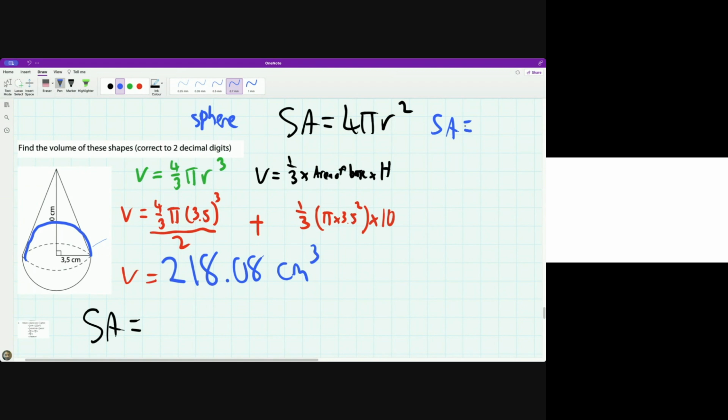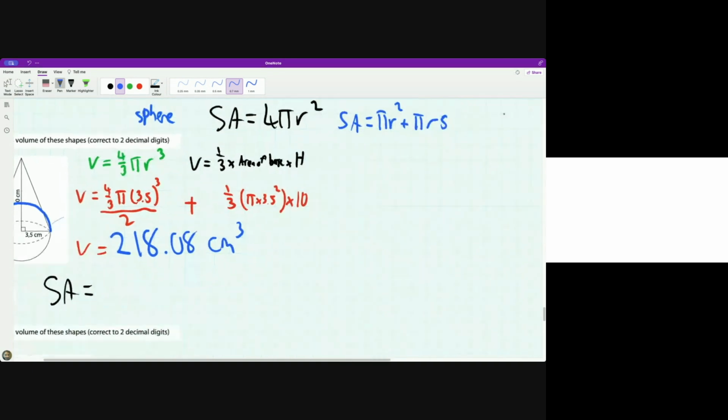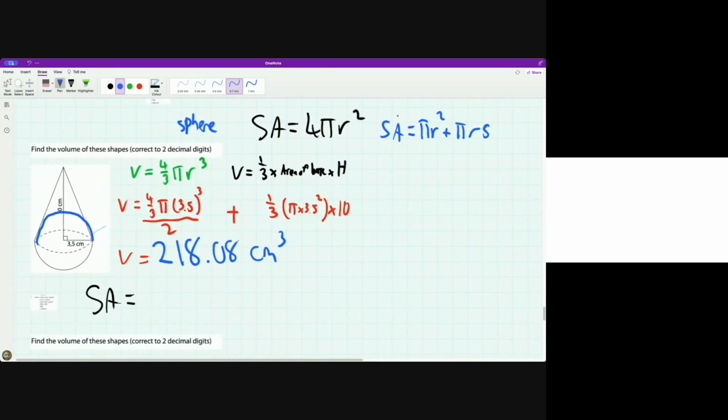If we talk about this, it's pi r squared plus pi rs. But I actually need to ignore one of the parts of the formula. Why do I need to ignore the pi r squared when calculating the surface area of this shape?